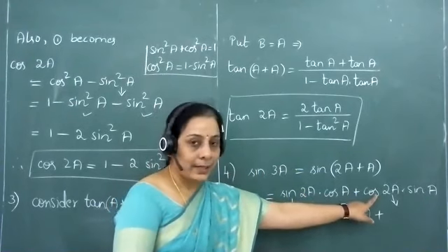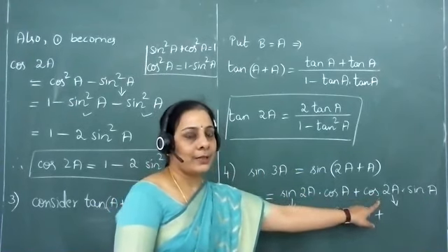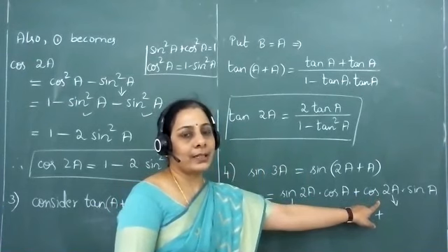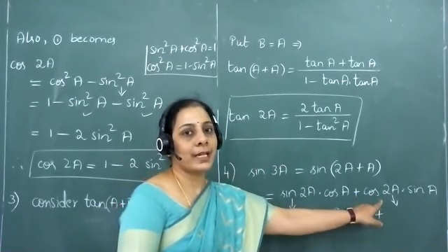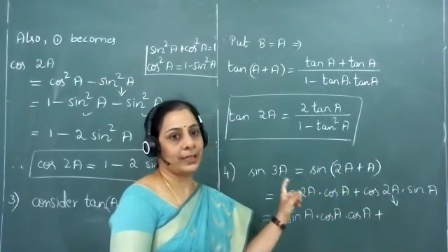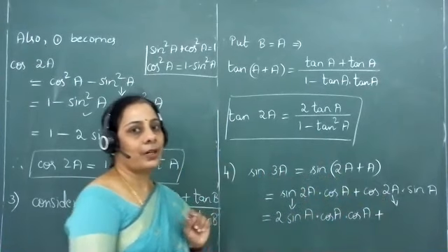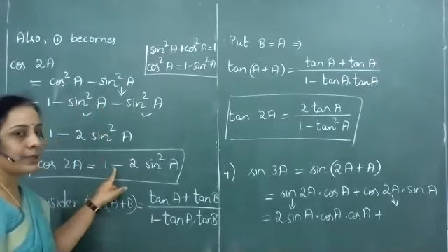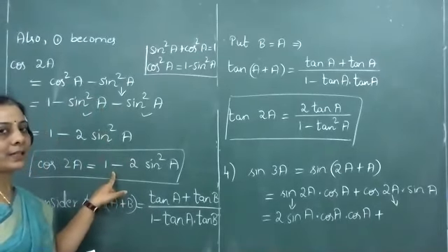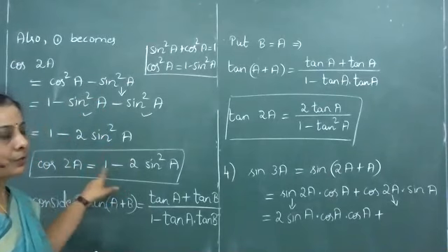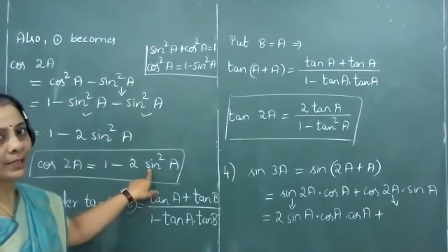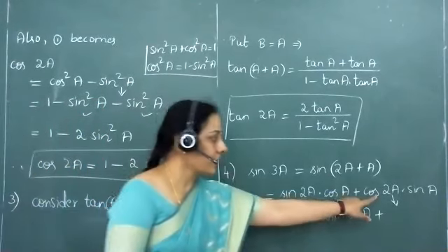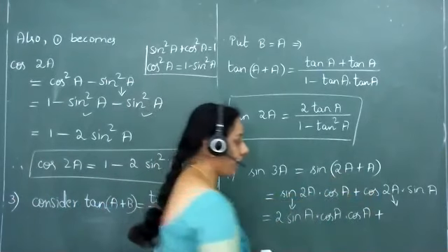And hence, for cos 2a, we will have to consider the expression which has only sin term involved in it. And which is the formula of cos 2a which is having only sin ratio involved in it? It is the last one that we derived. Cos 2a is equal to 1 minus 2 sin squared a. So that is the replacement for cos 2a here.